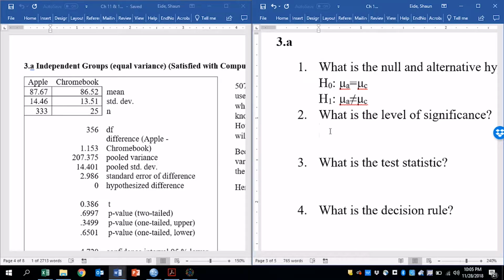If you use a 0.1, you're saying I'm okay with a 10% chance that I'm going to reject the null hypothesis when the null hypothesis is actually true. If you do a 0.01, you've only got a 1% chance of that, but it increases the probability that you're going to have type 2 error.